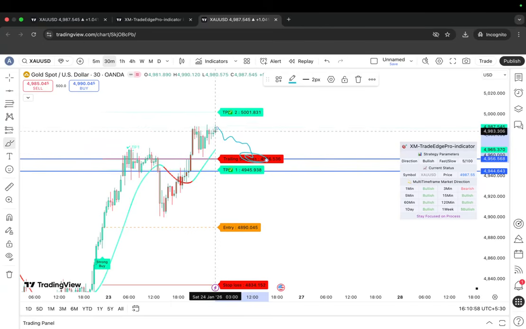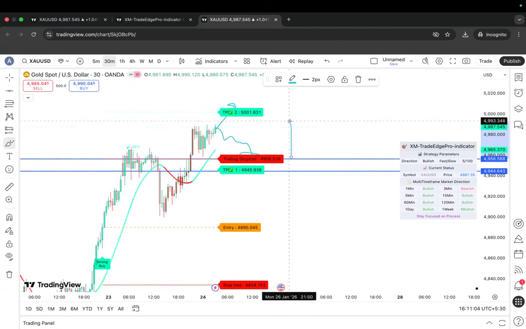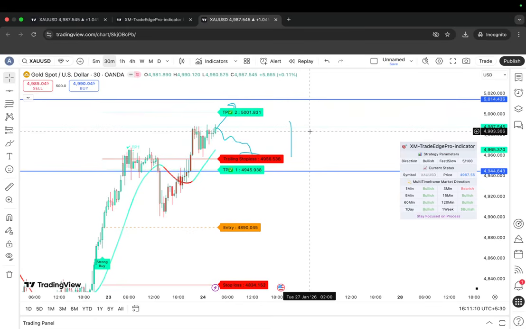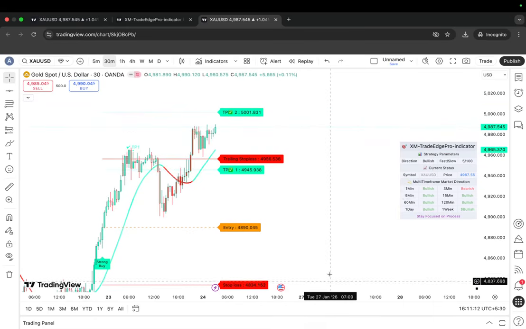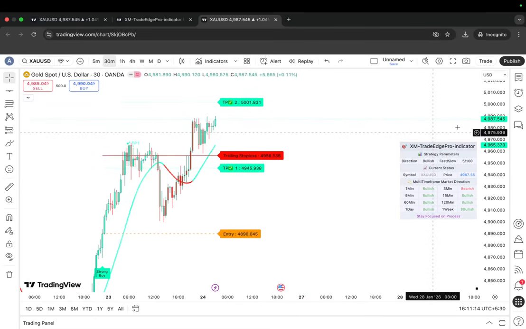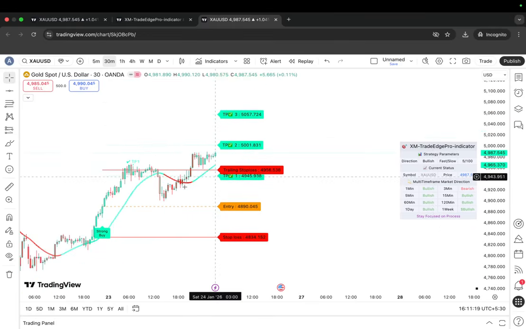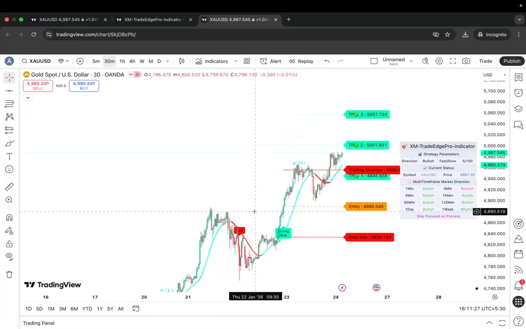There is also a possibility that the price will go to TP2. In this condition, the trailing stop loss will move above and give you a new target, right? So we have to keep holding our profitable trades till the trailing stop loss, but we don't have to hold our negative trades below the stop loss. Once the stop loss is hit, we have to get out of it.